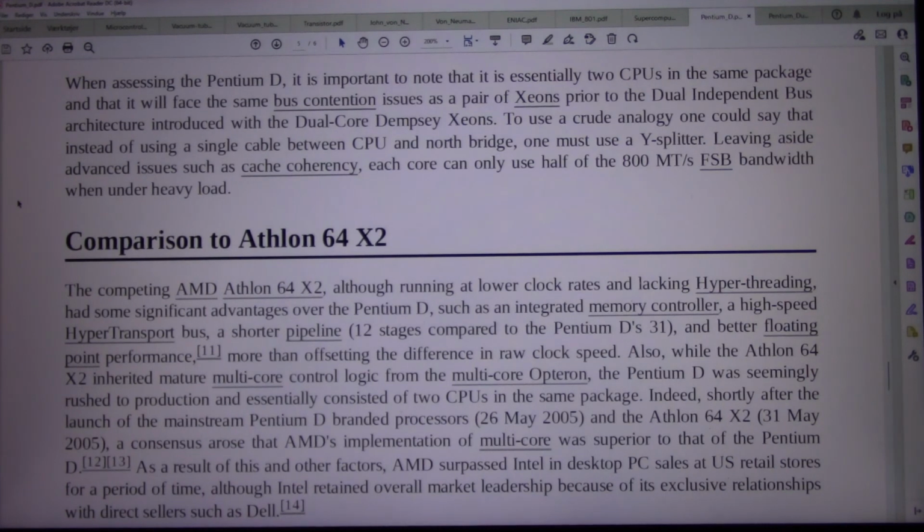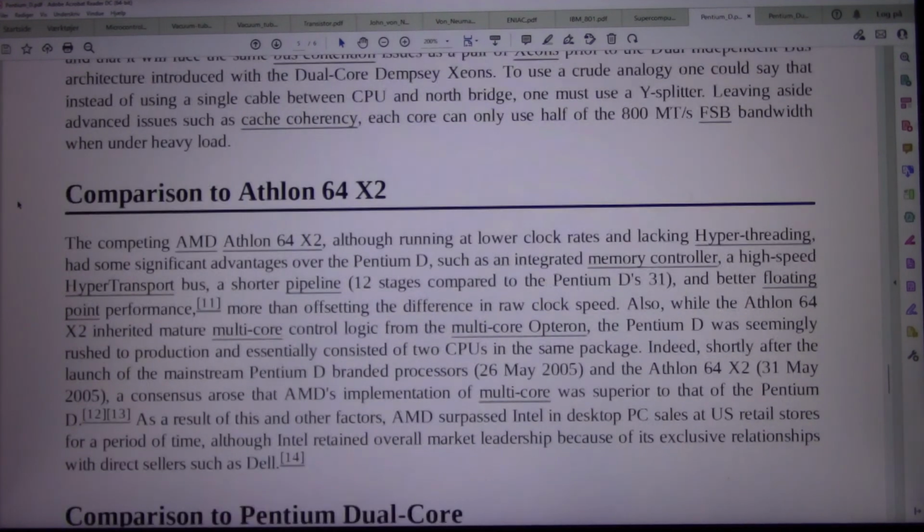To use a crude analogy, one could say that instead of using a single cable between CPU and North Bridge, one must use a Y-splitter. Leaving aside advanced issues such as cache coherency, each core can only use half of the 800 MT/s FSB bandwidth when under heavy load.